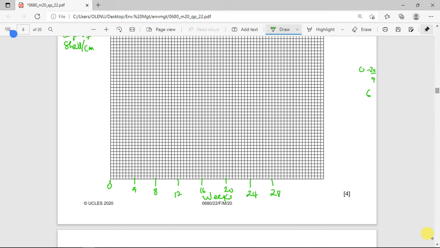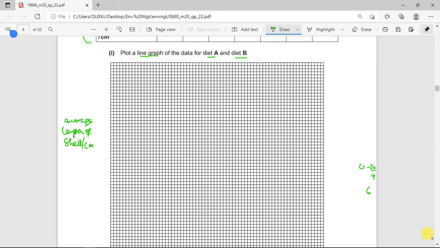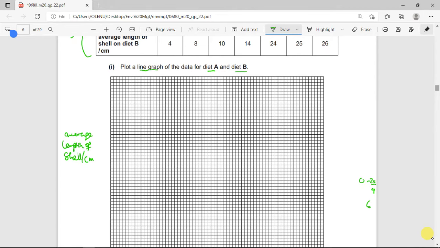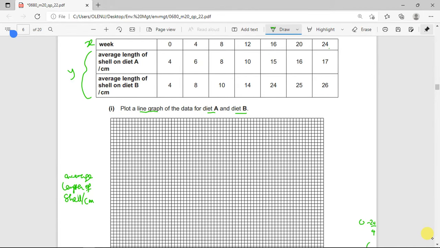Now for my y-axis, the highest value I have here is 26.